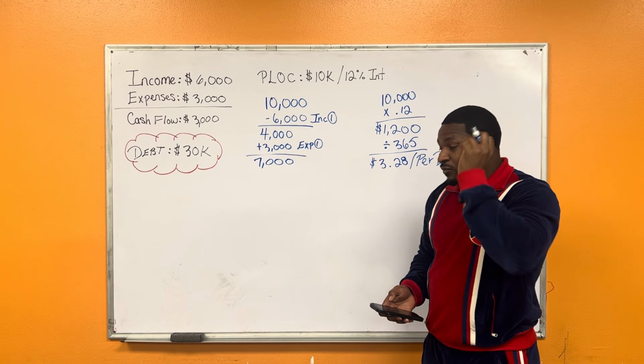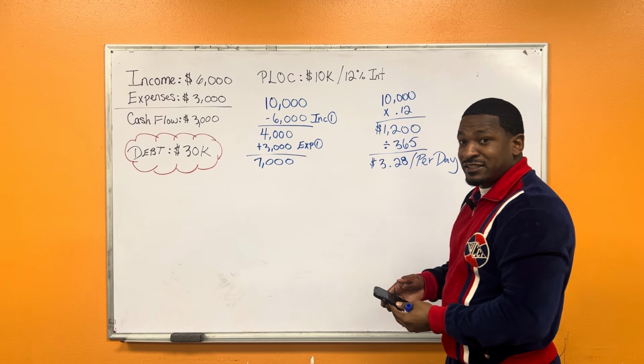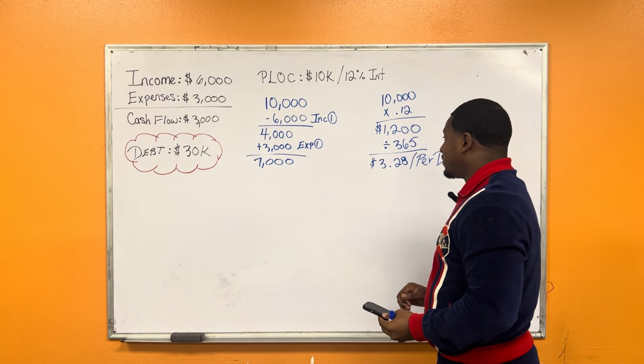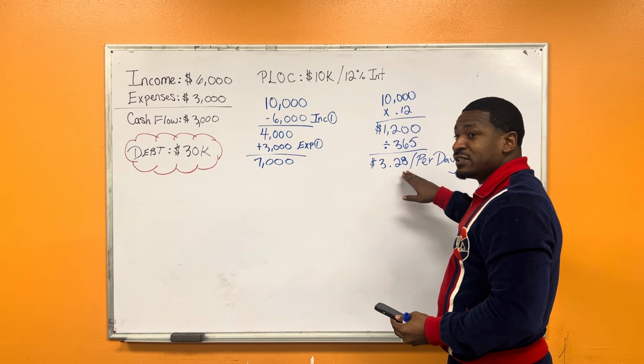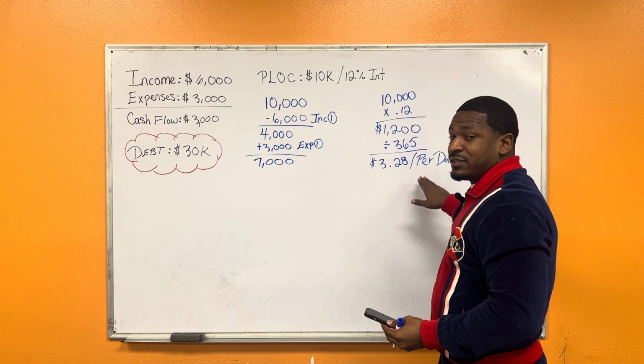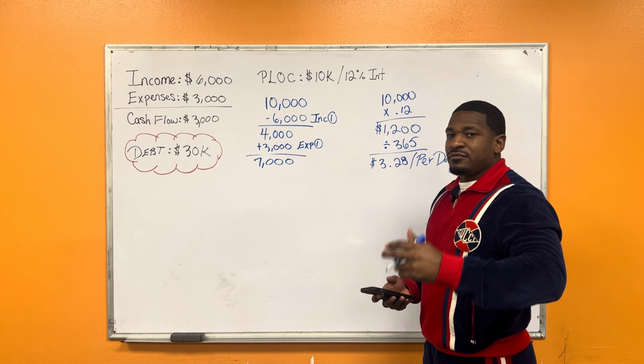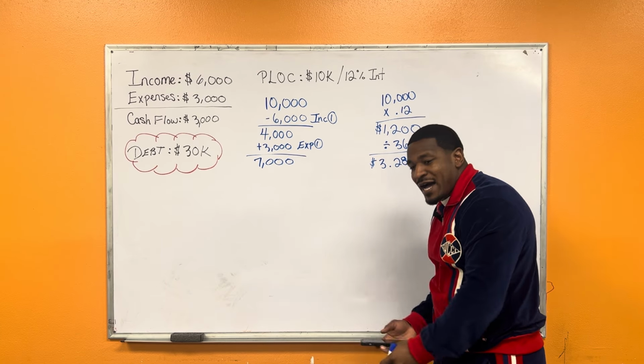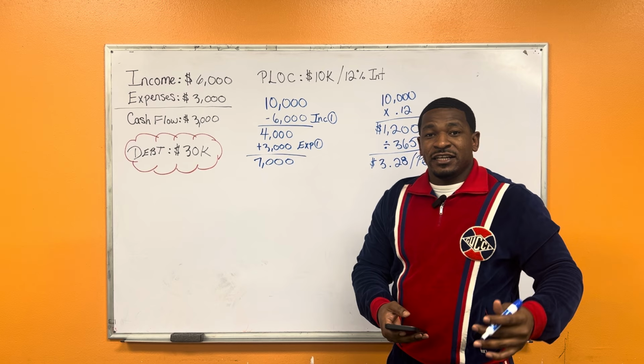Now we have the daily, this is your average daily balance for this $10,000 line of credit, which is $3.28 per day. Now we have to multiply that by 30 days, which is a month.